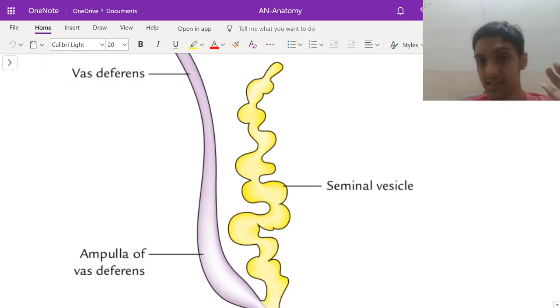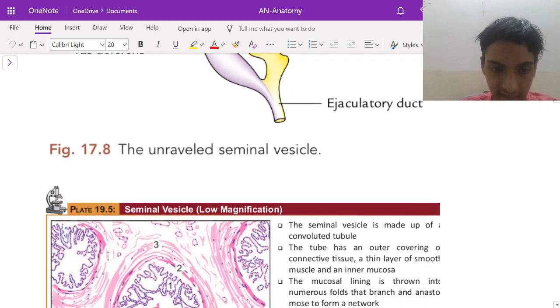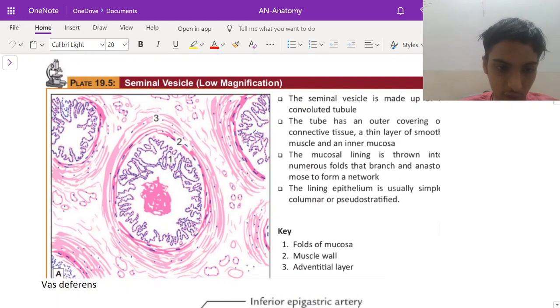Choline anyway we know is a nitrogen base. Here in the histology, we have the columnar epithelium, or I would say the mucosal folds. And then we can see the muscle layer, marked number 2, and marked number 3 is the adventitia.